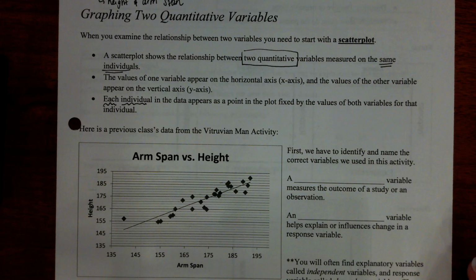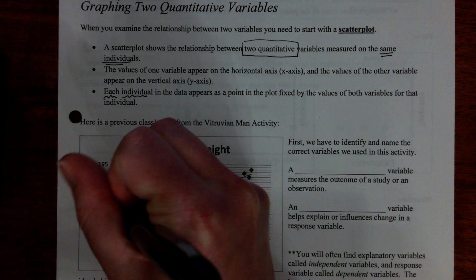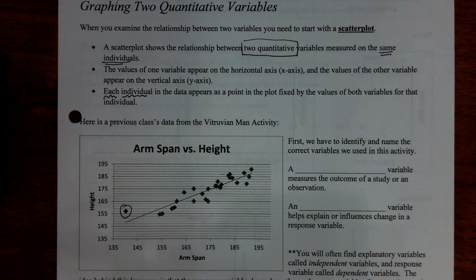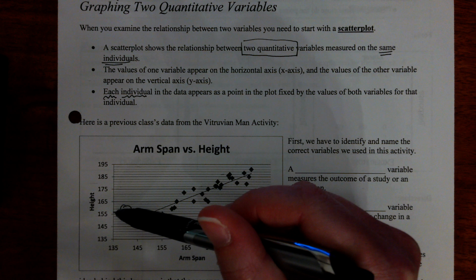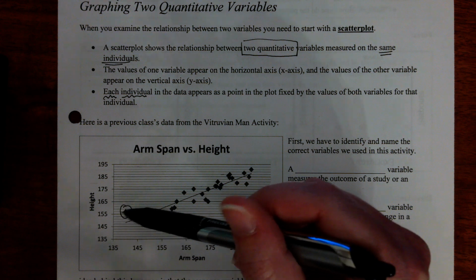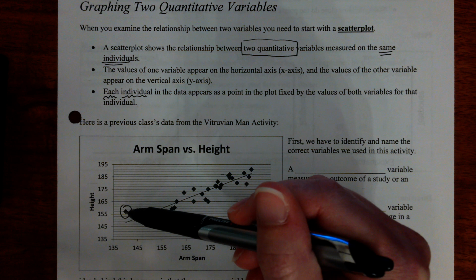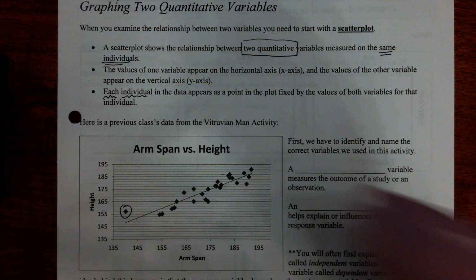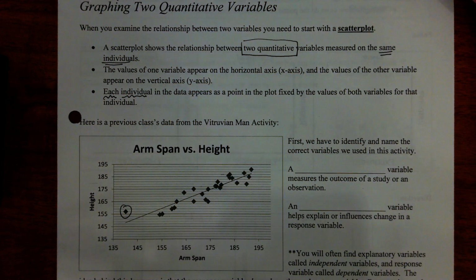So for example, if I'm looking at this Vitruvian Man activity, when you have the scatter plot here, looking at this guy, this is one singular person that had a height of 157 centimeters.